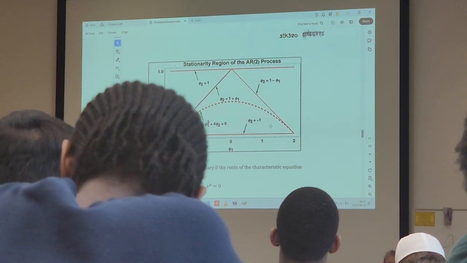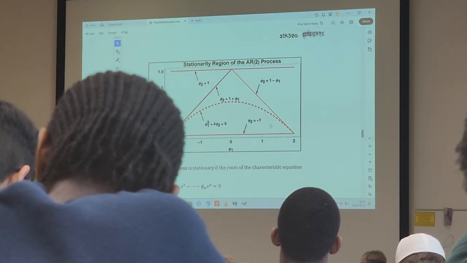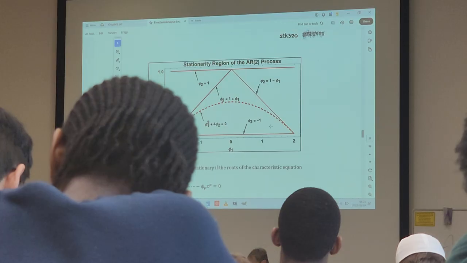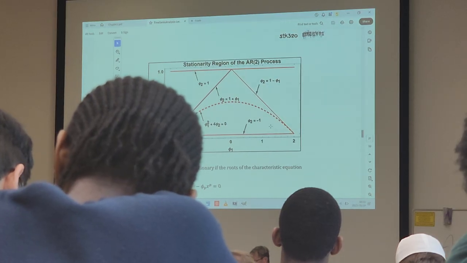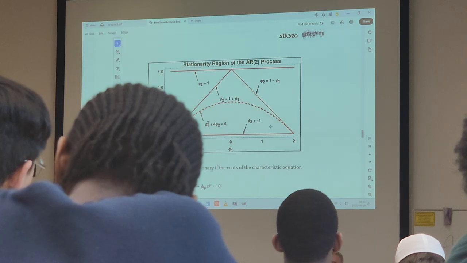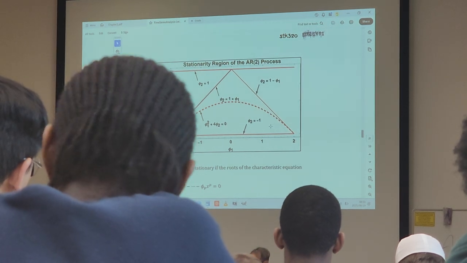Then I have stationarity, and I get that my autocorrelation pattern exhibits cyclical behavior. So the AR2 model can be used not just for irregular variation, but can be used to explain cycles in time series.